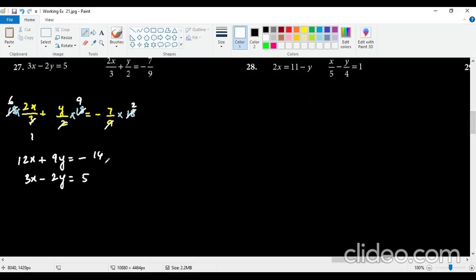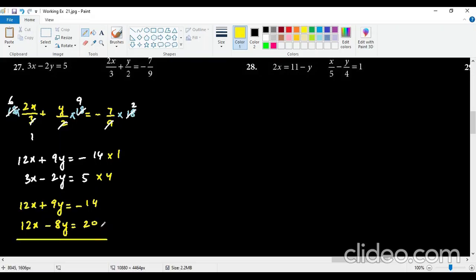So what I will do is I will multiply this equation by 1 and this by 4. So the first equation remains the same, this will not change, and the second equation I will make as 4 times 3 is a 12, 4 times 2 is a minus 8y, and 4 times 5 is a 20.